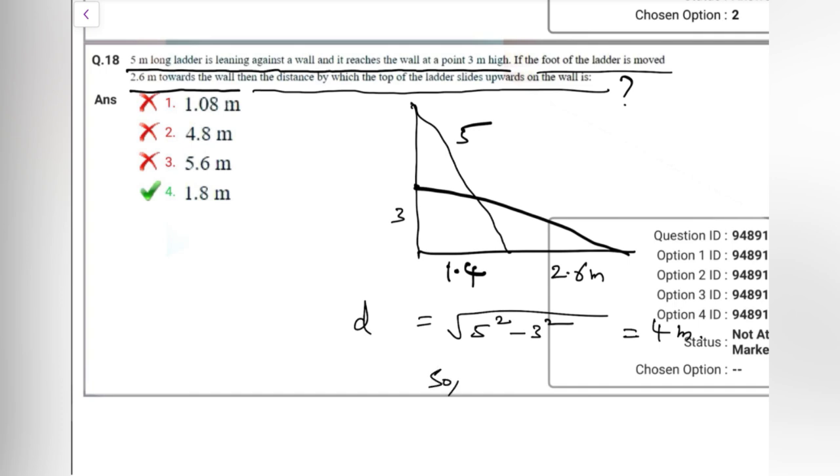So 4 minus 2.6 is equal to 1.4 meters, which is this one.